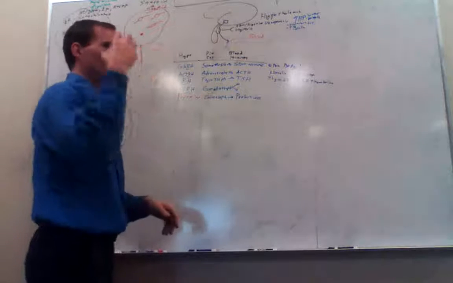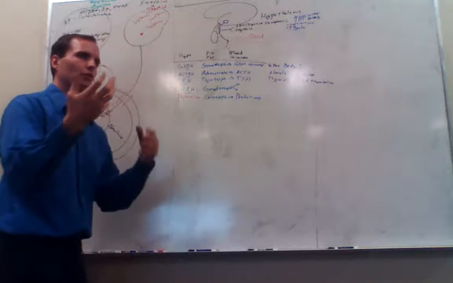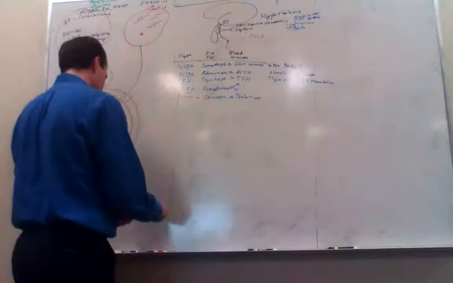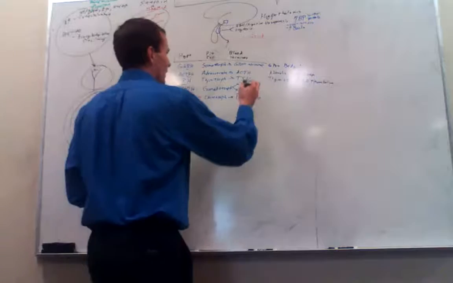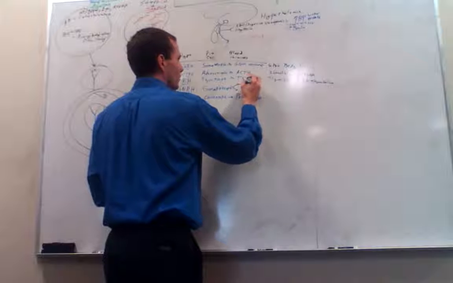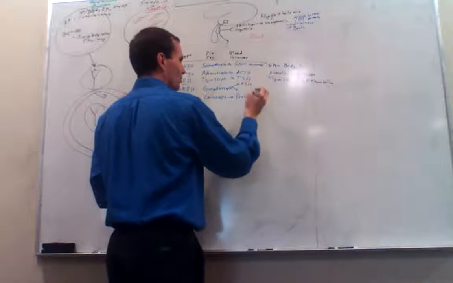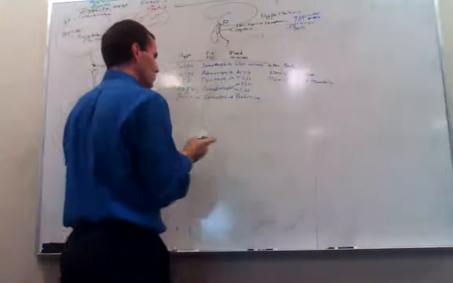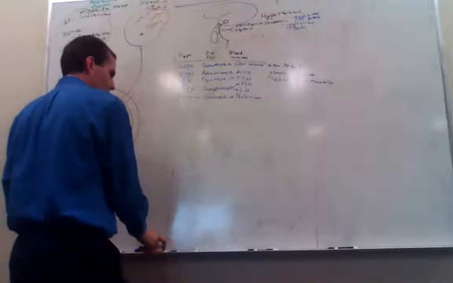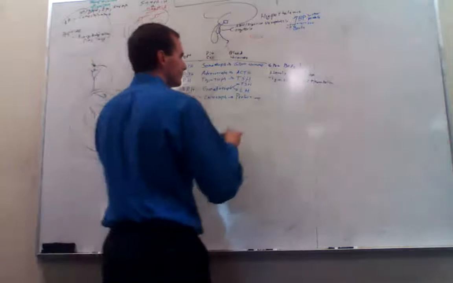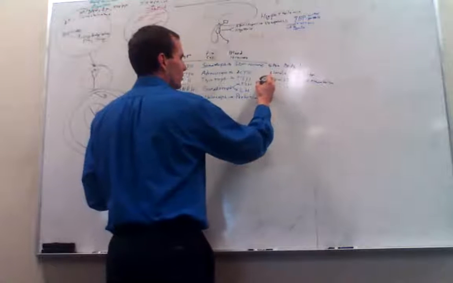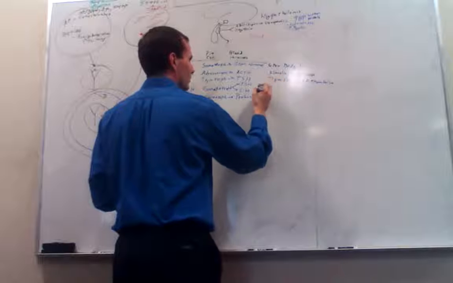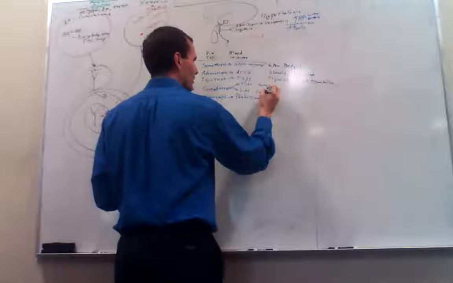For women, there's the follicle, and then there's the corpus luteum. And so we have one hormone for each of those. That's going to be follicle stimulating hormone for the follicles and luteinizing hormone, or LH, for the corpus luteum. And so this is going to be follicle. This is going to be corpus luteum.